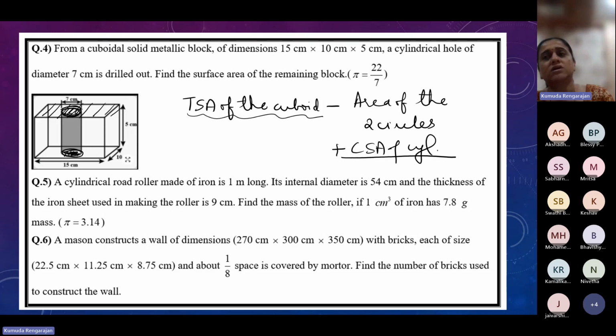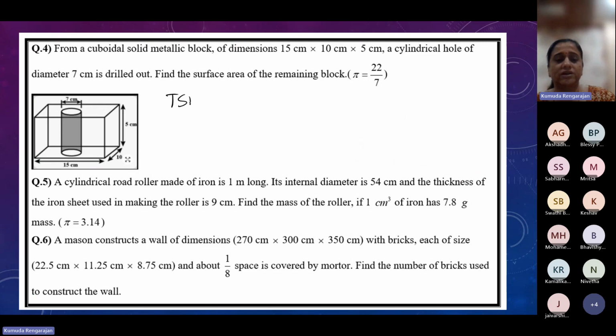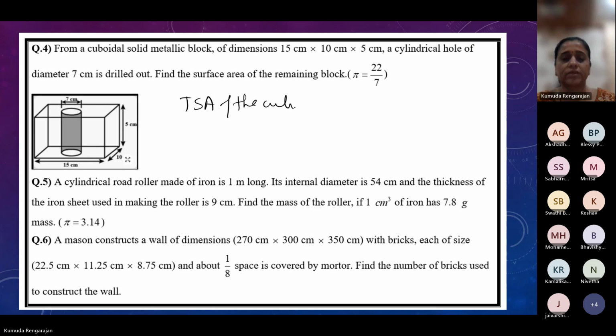For surface area, you should write one formula, and from that you should remove what is not there and add whatever is new. So we start with the TSA of the cuboid.